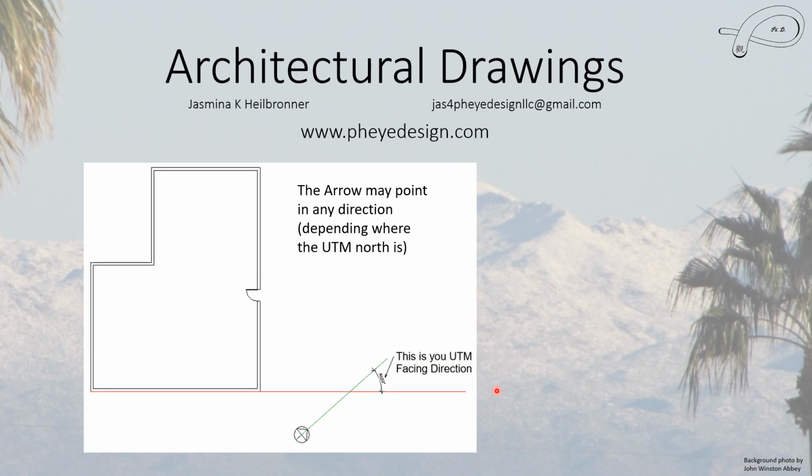Then, if it's up and to the right, which is the last basic option, you would be putting your protractor on the green line, 0 over here, centered there, and you just measure this. This is your UTM facing direction. And then you just reproduce it like we have been doing all along.